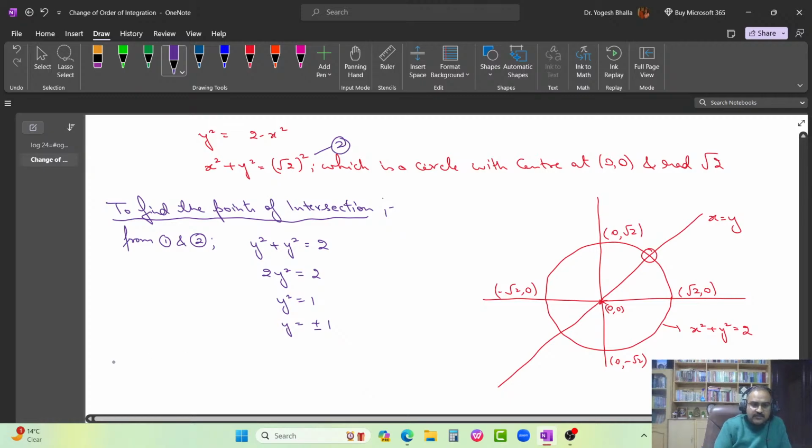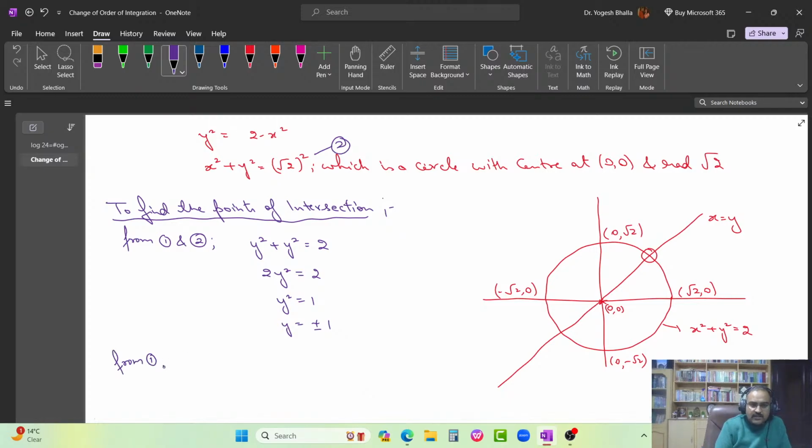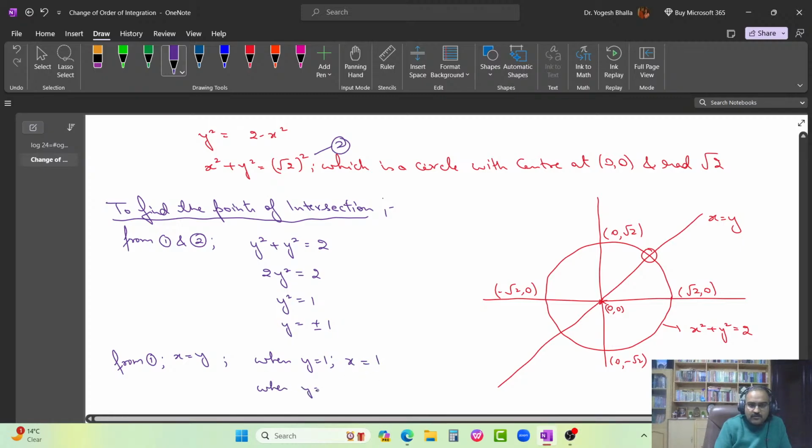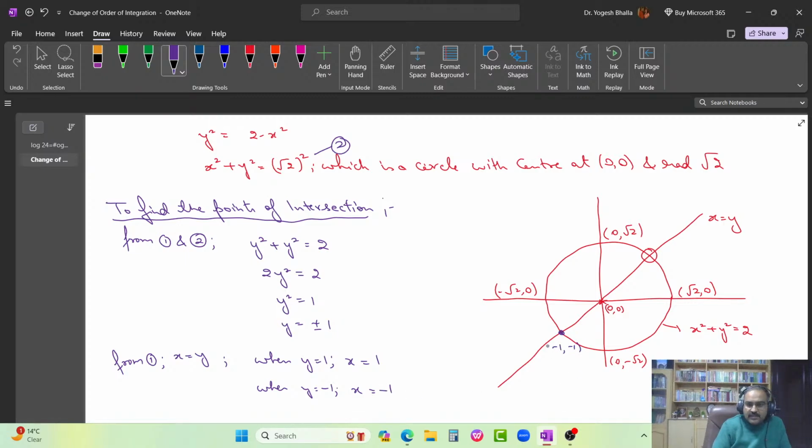From equation 1 we have been given x is equal to y. So when y is equal to 1, x will be 1, and when y is equal to minus 1, x will be minus 1. So this is the point minus 1, minus 1, and this is the point 1, 1.